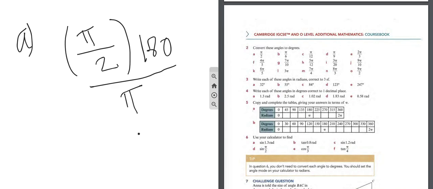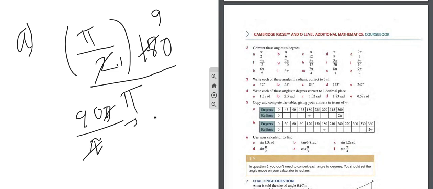You have to do it like this. So now in this case 2 times 9, so 90 pi by pi. Pi can cancel itself. 90 degrees is your answer.